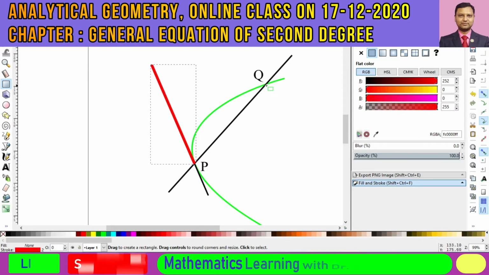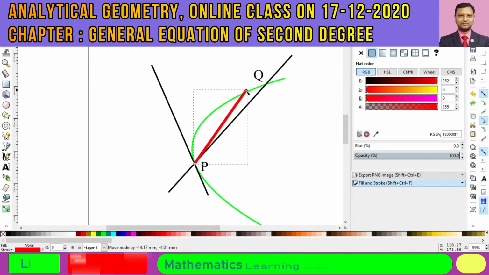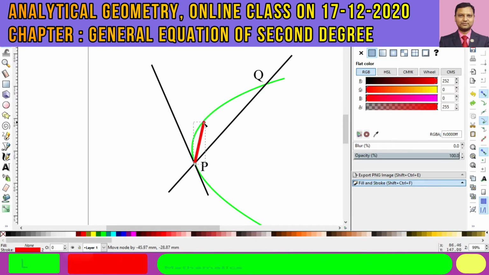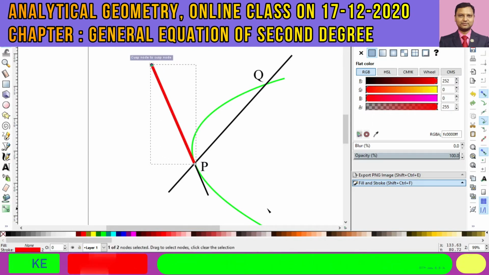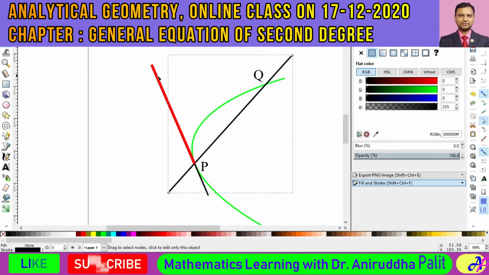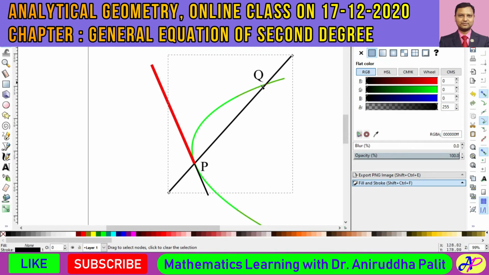The limiting position as the point Q moves along this curve towards the point P. This red line would be the limiting position of this black straight line PQ as the point Q moves towards the point P along this curve.